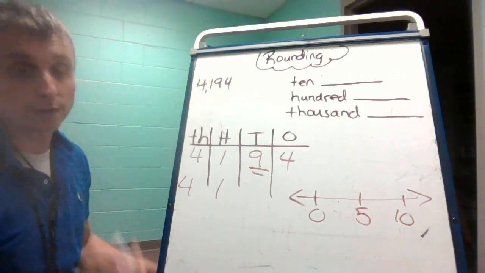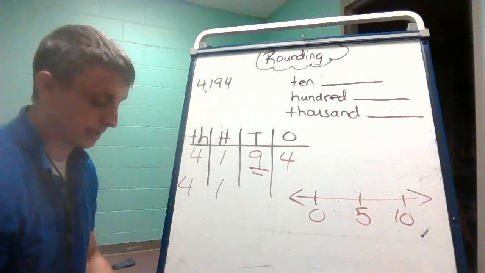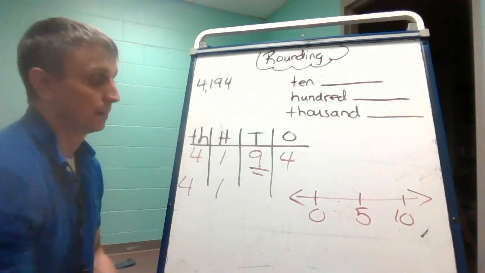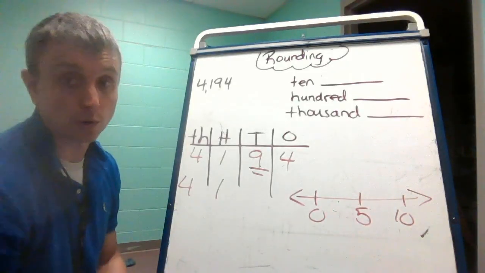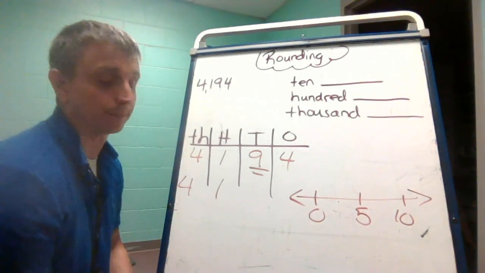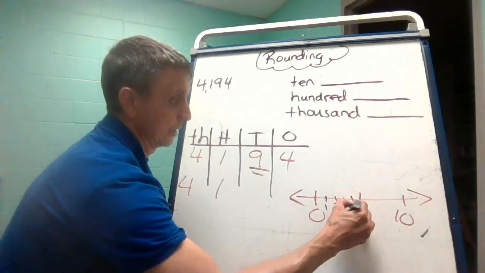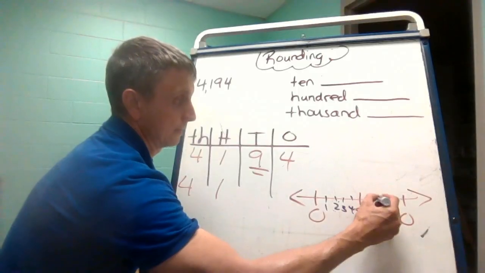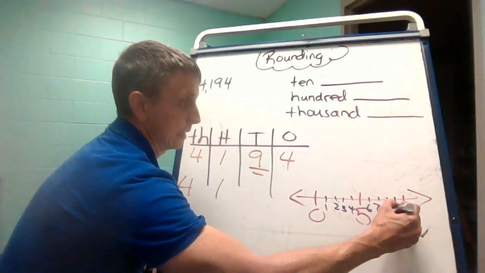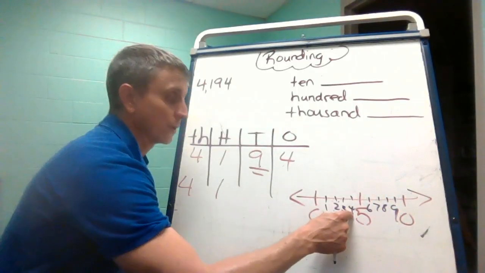It falls in one of 3 places on my number line. It's either going to fall between 0 and 5 or at 5 to 10. 1, 2, 3, 4, 5, 6, 7, 8, 9, 10. The 4 is right there.